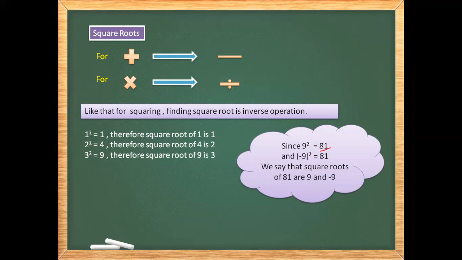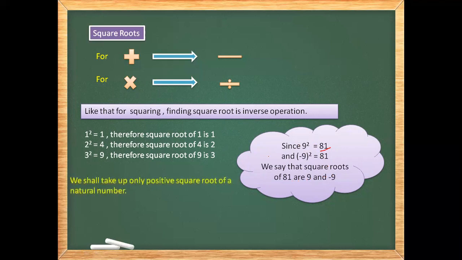Suppose I am taking a negative integer, minus 9. So minus 9 squared is also what? 81. So we say that square roots of 81 are 9 and minus 9, because minus 9 squared is also 81 and 9 squared is also 81. So 81 has two square roots, 9 and minus 9.